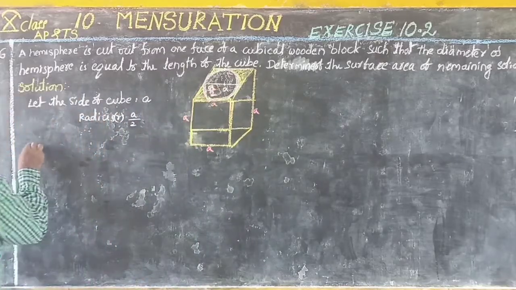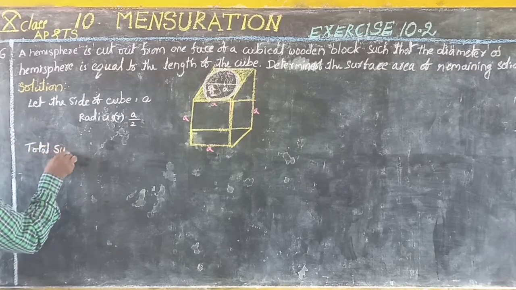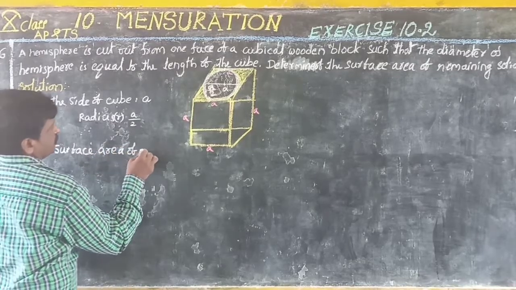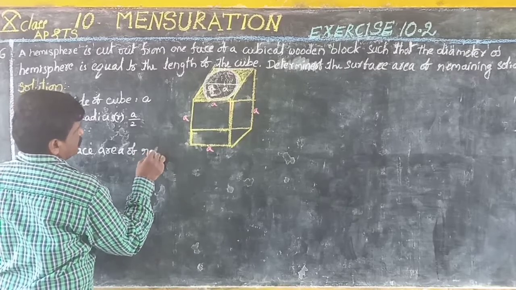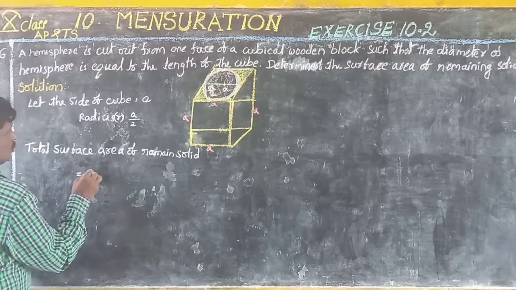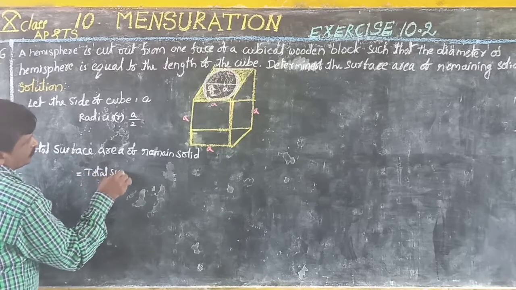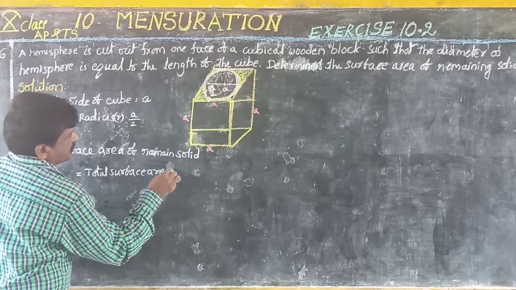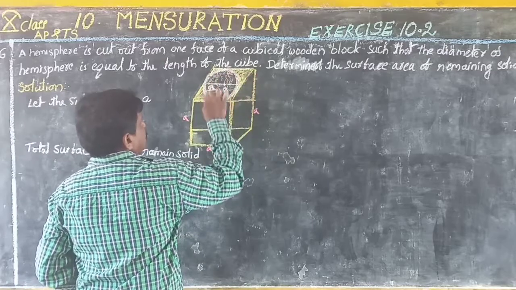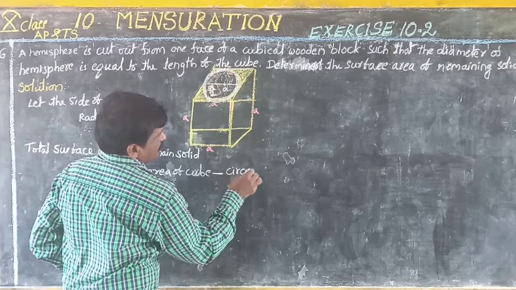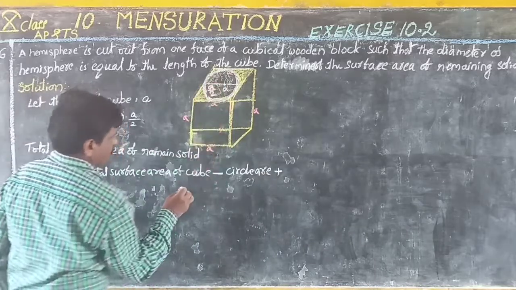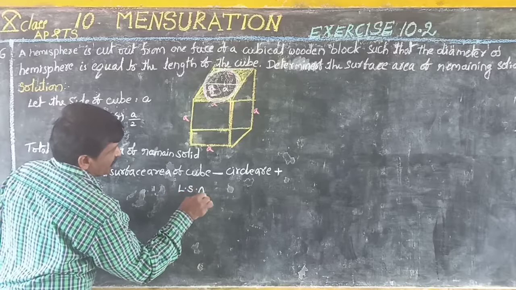So total surface area of remaining solid is equal to total surface area of cube minus circle area, plus lateral surface area of hemisphere.